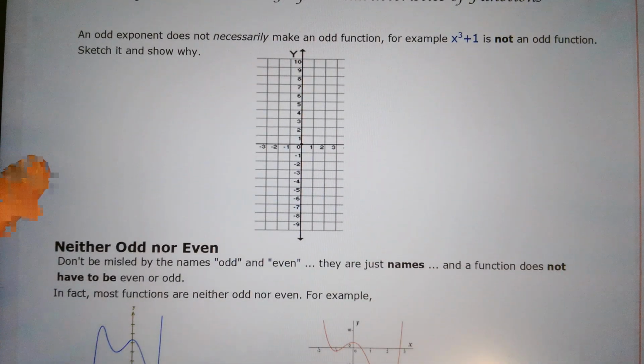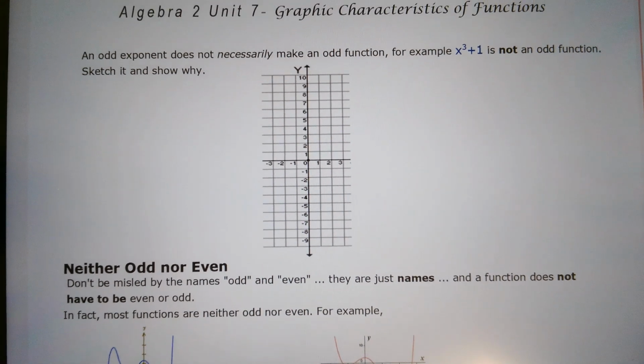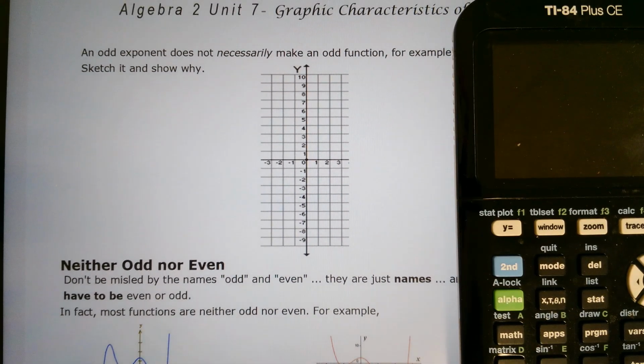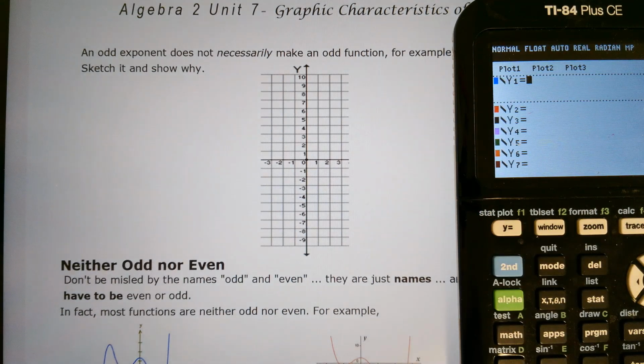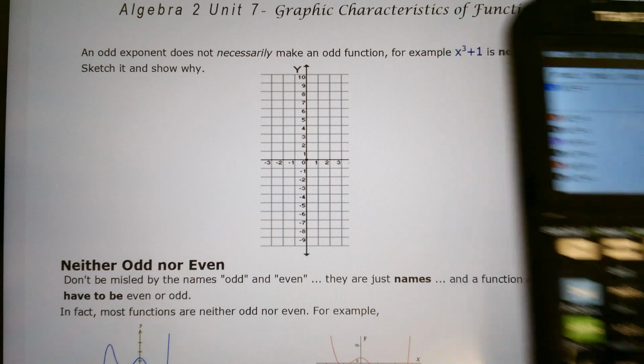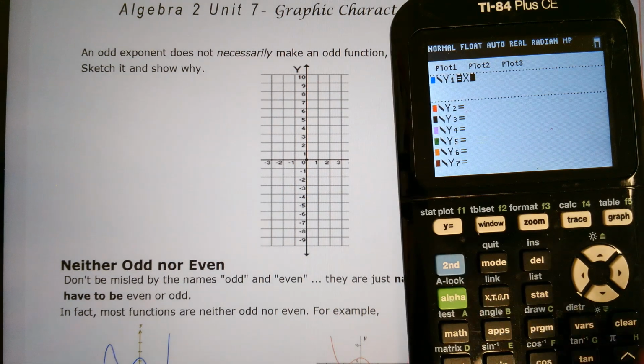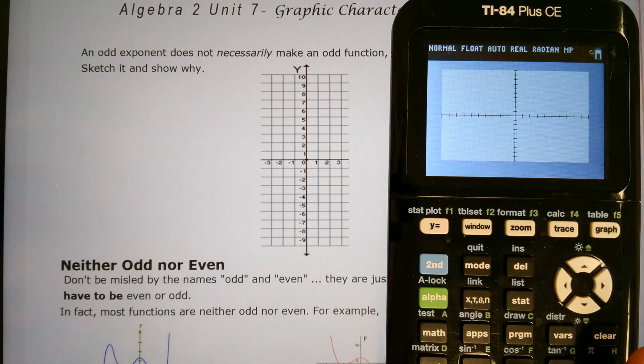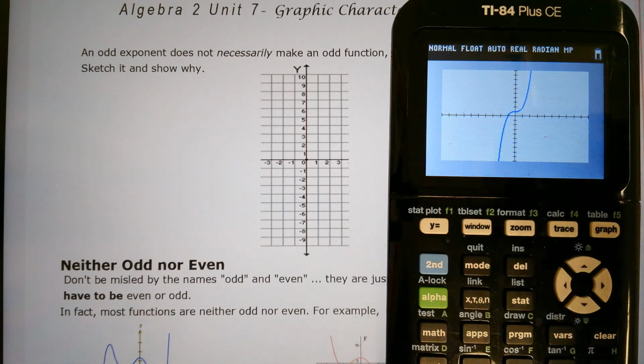An odd exponent does not necessarily make an odd function. For example, x cubed plus 1 is not an odd function. Sketch it and show why. If we go to the calculator, y equals x cubed plus 1. It looks something like this.